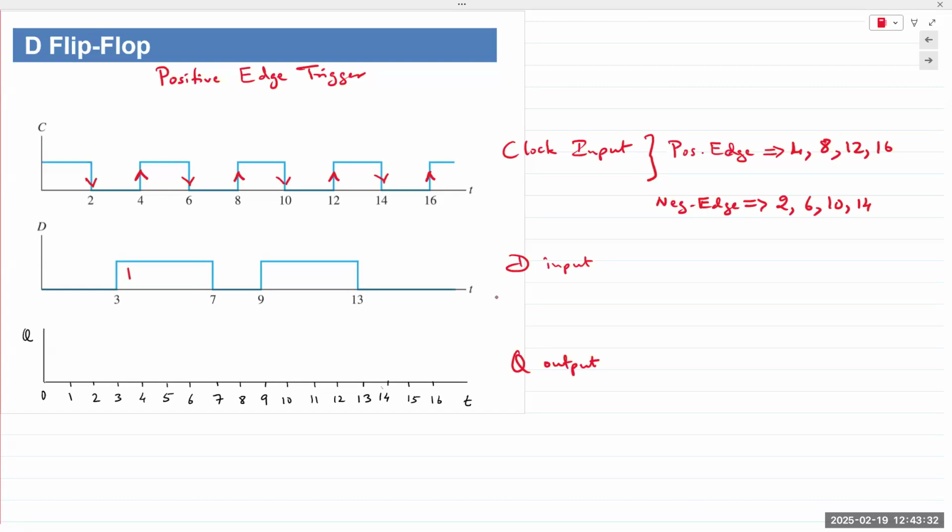Make sense? We are told that we have a positive edge triggered D flip-flop, so we identify all the positive edges. The 4 of them occur at 4, 8, 12, and 16. That is the only moment in the circuit where the output will change, or the D input is sent to the output.